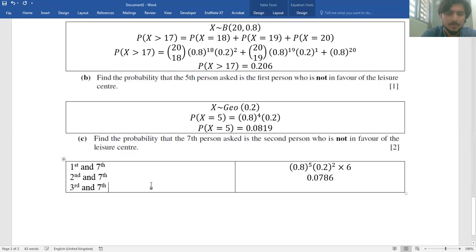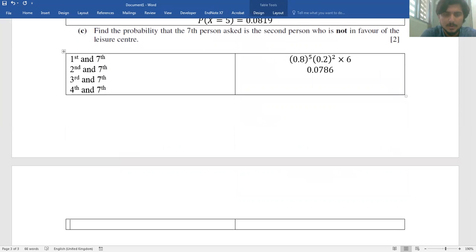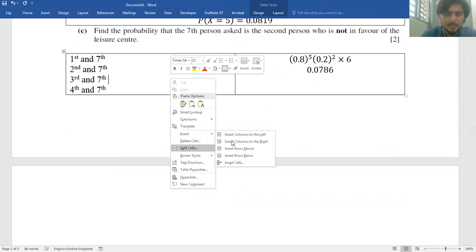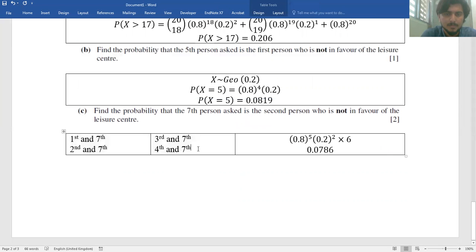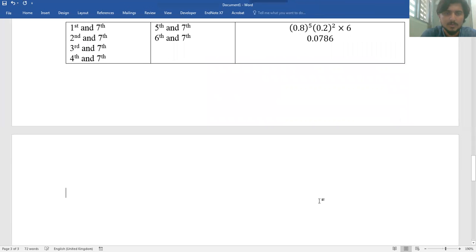Let me write all of this for you. 4 and 7, and then fifth and seventh, sixth, and these are the 6 different variations that were possible.